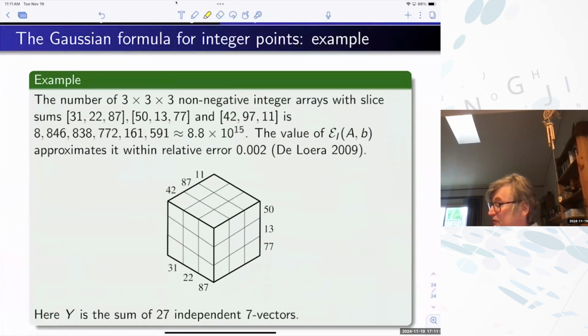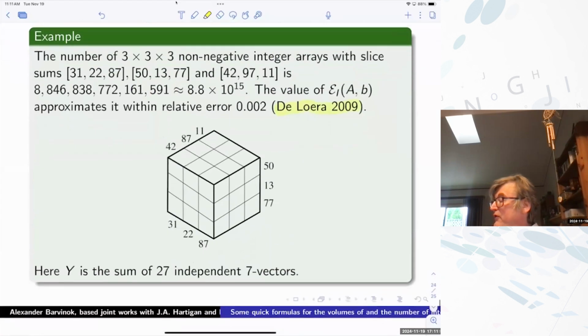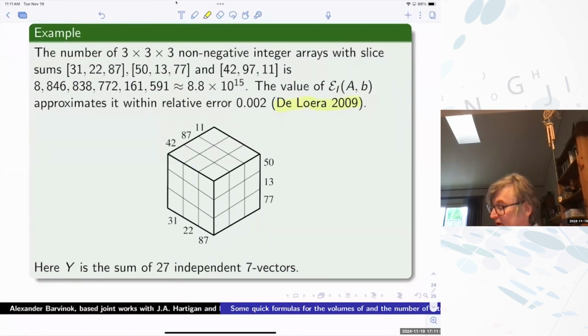And here's another example, also computed by Jesus de Loera. This time we're working with a so-called axial transportation polytope. So it's a cubic thing, but we are not fixing the line sums, but rather planar sums over sections.